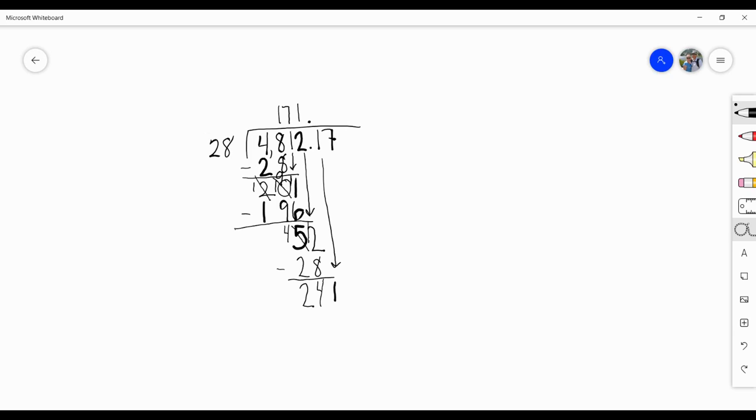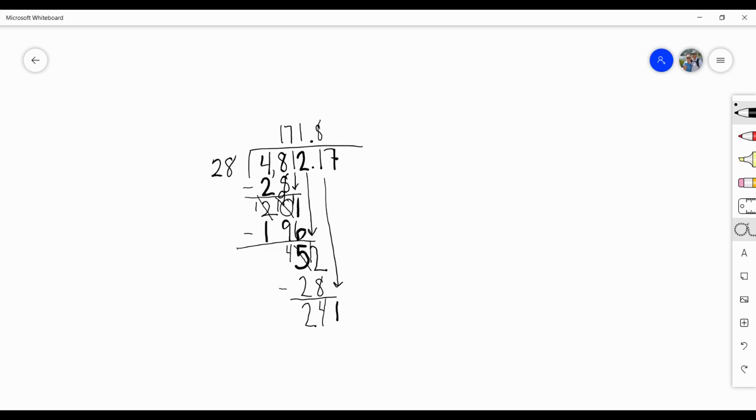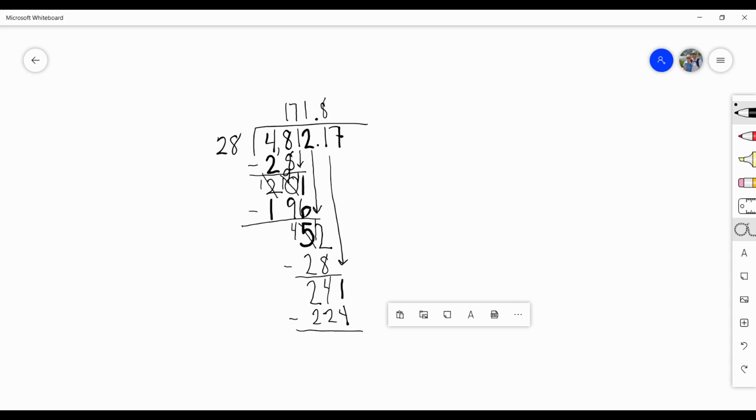Now I have to see how many times 28 can go into 241. It can go 8 times. And that is 224. Now I have to subtract. I cannot take 4 away from 1, so I have to move to the next number.